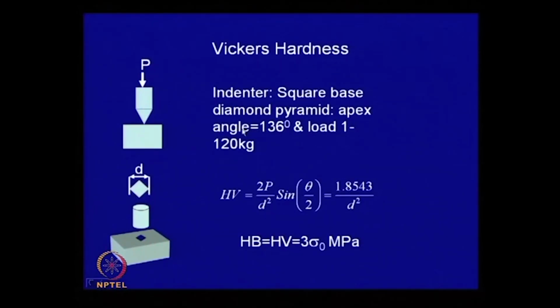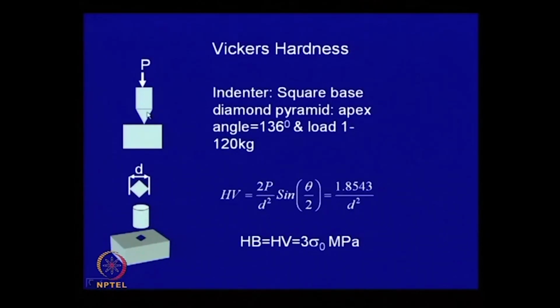That angle between the two opposite faces of the pyramid is 136 degree, and usually the load is in this range 1 to 120 kg. So, you can well imagine the dimension of the indentation here will be very small, and you need in fact a microscope with a graduated eyepiece to measure the dimension of the indentation, which is schematically shown over here.